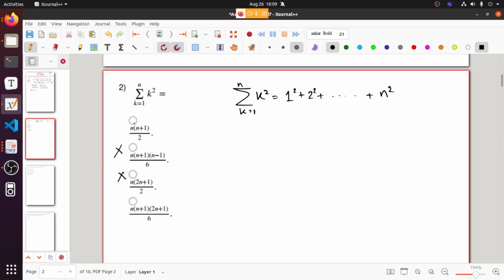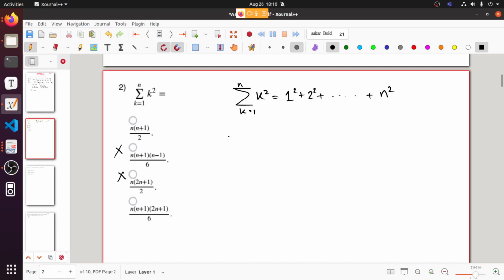And look at the first option. If you put n equals 3, you will get 2. You can easily check that this will not be the sum. For 2 terms, you will get 3.